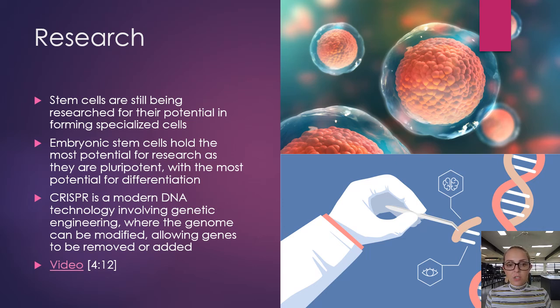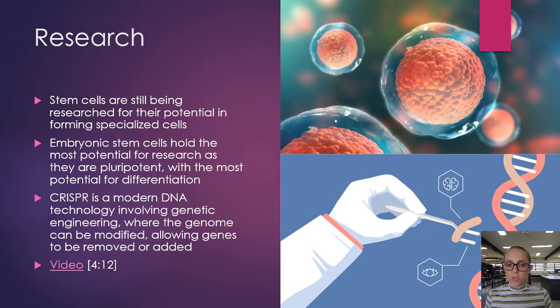That involves actually removing cells from a developing embryo, which means that they can't continue to develop, and researching their potential to differentiate into things like nerve cells. Whilst it holds a lot of potential, that's then stopping a potential embryo from surviving. So there's a lot of ethical concerns around that.